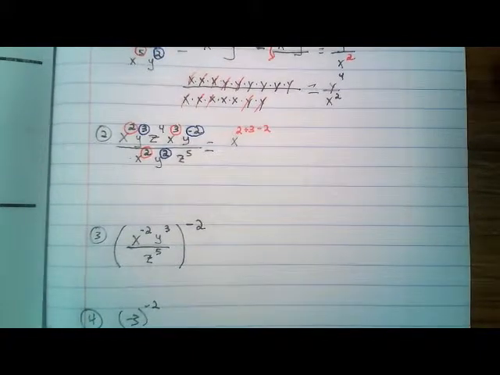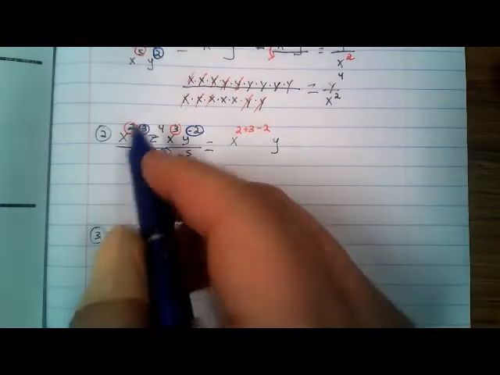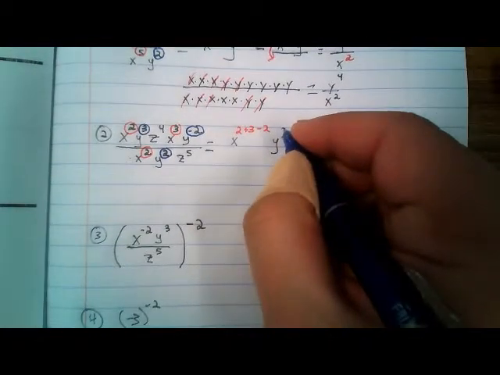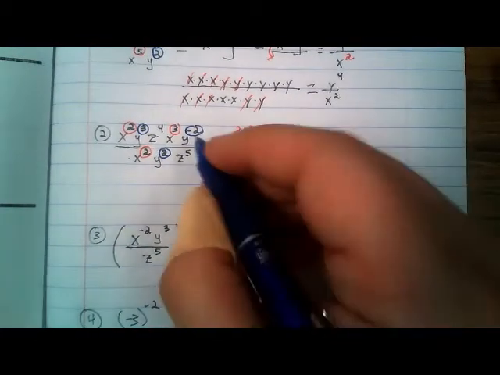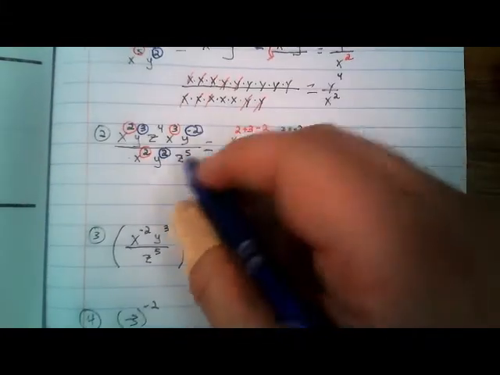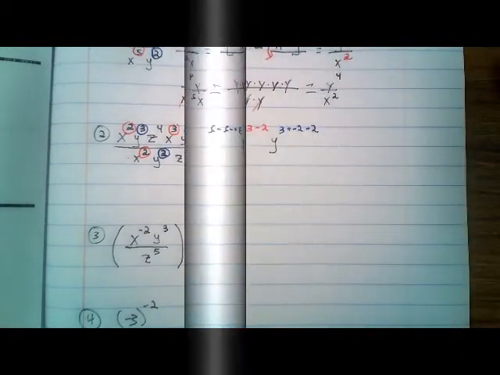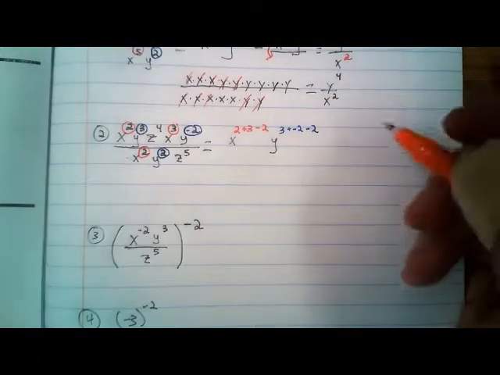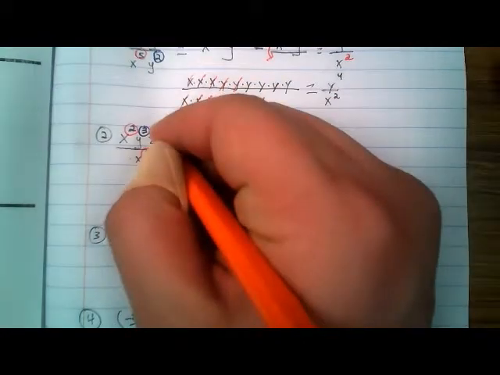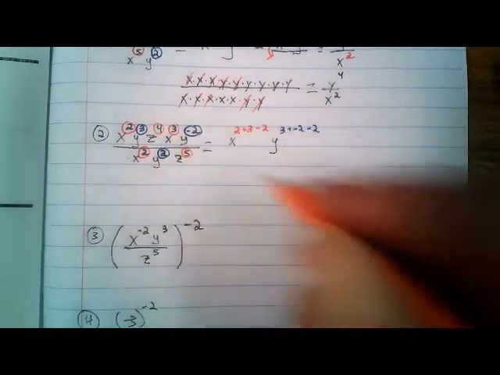So that's going to be y to the 3 plus negative 2 minus 2. So lastly, I have z. That's z to the 4th on the numerator and z to the 5th at the denominator.